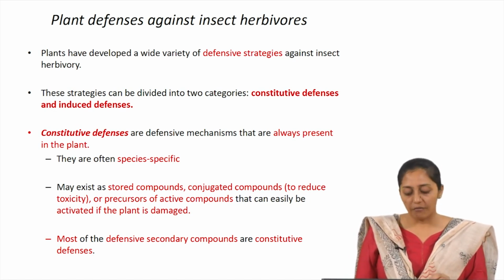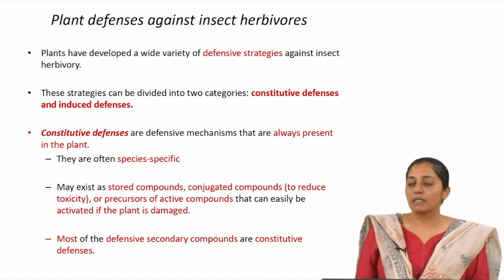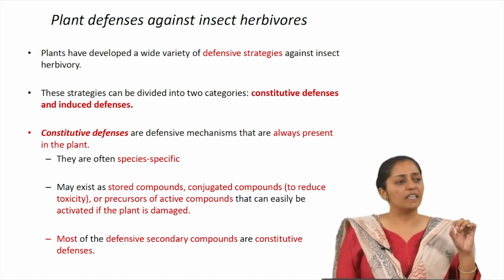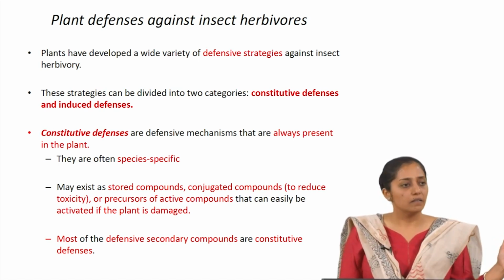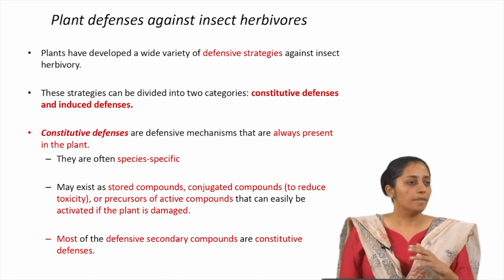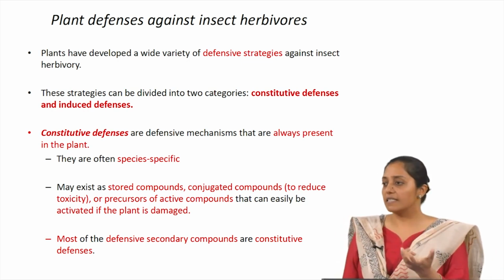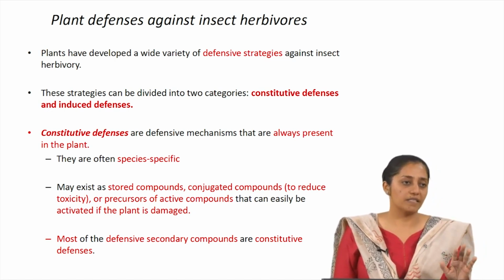Now, most of the defensive secondary metabolites are constitutive defense. For example, if you find that a particular secondary metabolite is present in lower amounts throughout the plant and irrespective of the season, then it is a constitutive line of defense, where the machinery, the enzymes needed to produce that, are always present.